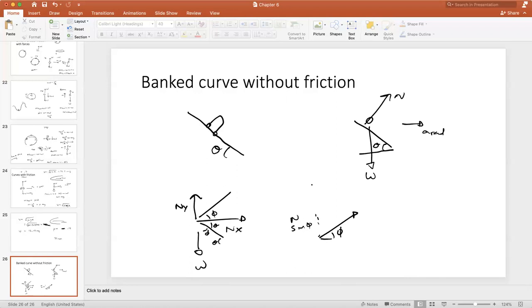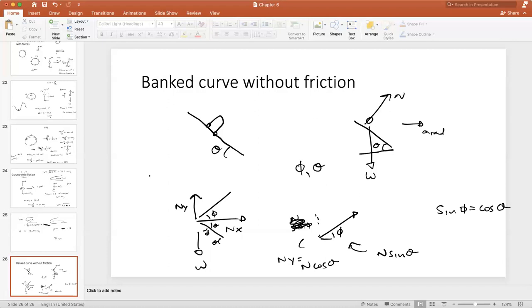But phi and theta are a pair. They're 90 degrees off. So sine of phi is actually cos of theta. So I get that this part, ny, is n cos theta, and the nx is n sine theta.